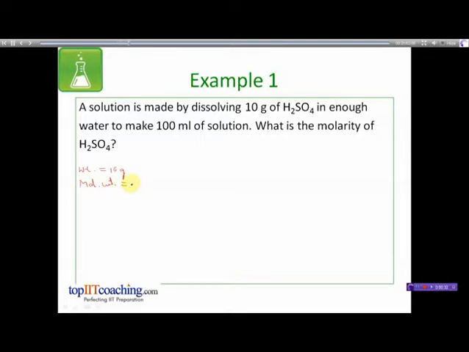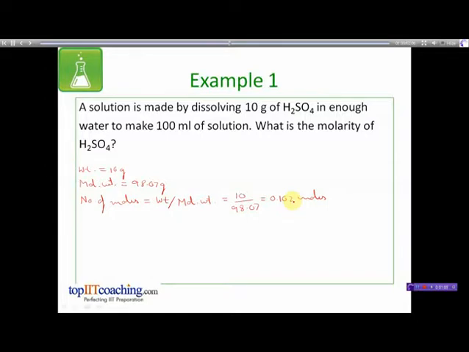Its molecular weight is equal to 98.07 grams. So we can calculate the number of moles of sulfuric acid, which will be equal to its weight divided by its molecular weight, which is 10 divided by 98.07. We get the answer 0.102 moles of sulfuric acid.